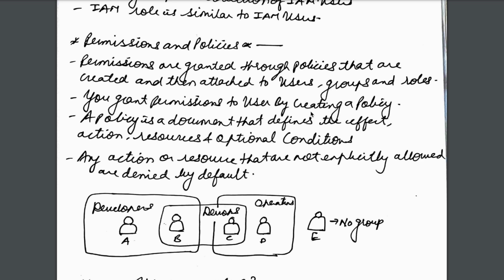Now, any action or resource that is not explicitly allowed is considered none by default, right? So either the permission can be read, or the permission can be none, which is also known as denied.